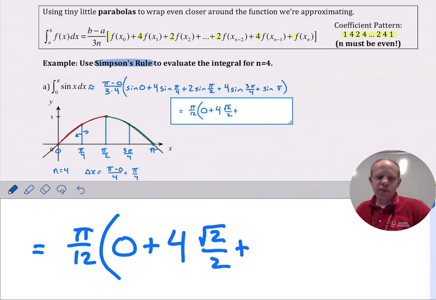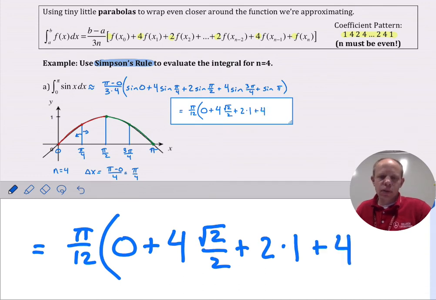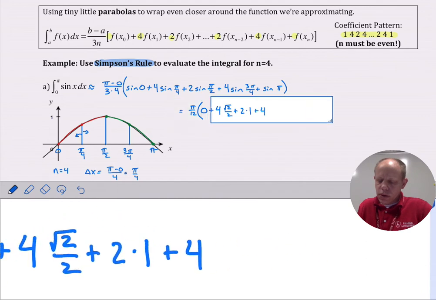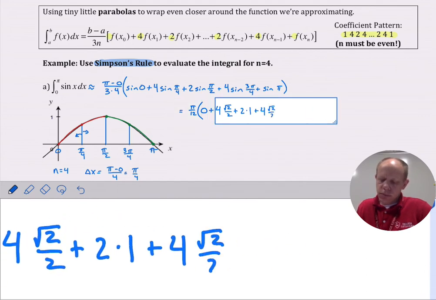And then 2 sine of pi over 2. Sine of pi over 2 is 1, so this will just be 2 times 1. Then plus 4 sine of 3 pi over 4, and 3 pi over 4 is also rad 2 over 2. And then plus sine of pi, and sine of pi is 0.